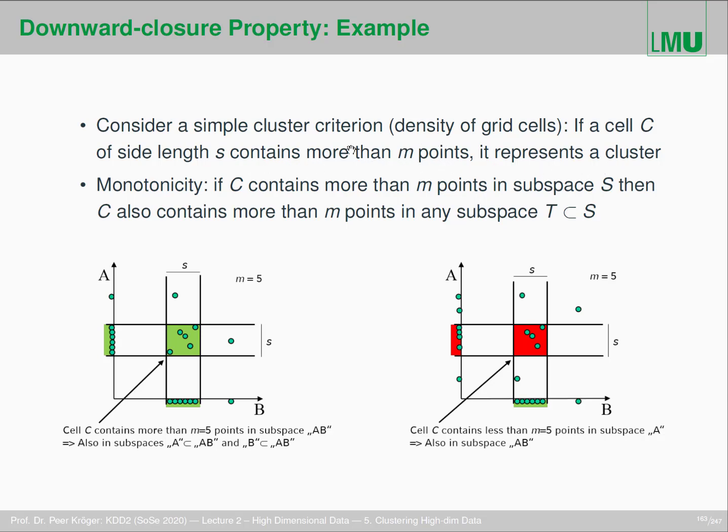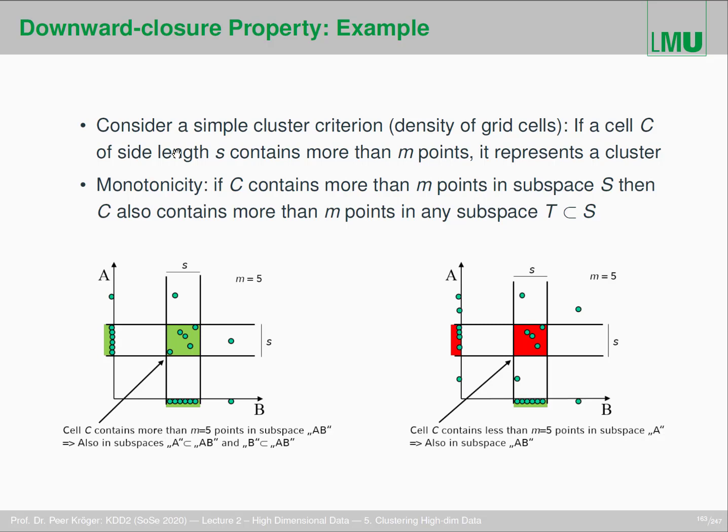This is a kind of density-based model because I specify the volume by the length of the grid cells and the minimum number of points I want to find in those cells. Then I can compute dense grid cells and merge neighboring cells to bigger clusters. So that is grid-based clustering, which is a density-based cluster model.